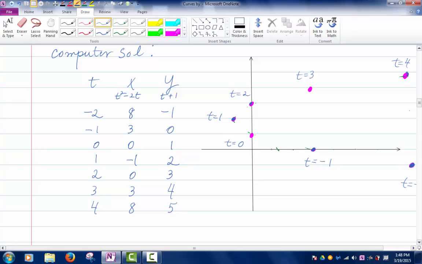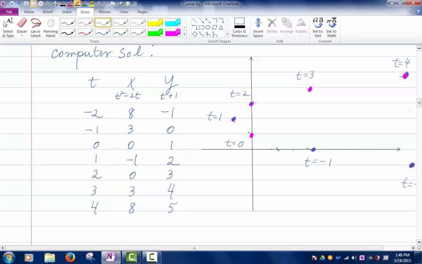You get -2 squared minus 2 times -2, right? And you get 8. If you plug in -2 here, you get -1. So you plug in different values of t in x and y, and you compute corresponding values of x and y. And those are the values that you get.